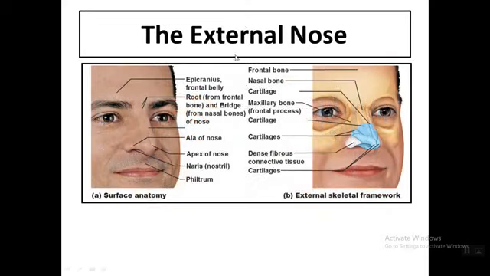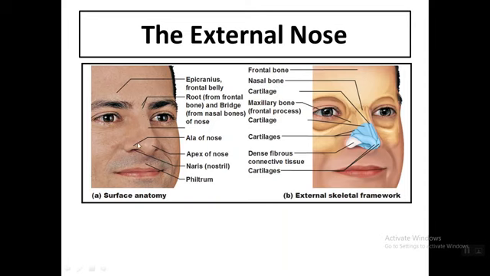First, the external nose. The external nose, as we said, is pyramidal in shape. It has a framework that is formed by cartilage and bone. It has a free end that is called the apex of the nose, and it has a root that is called the root of the nose, formed by the frontal bone and the nasal bone.